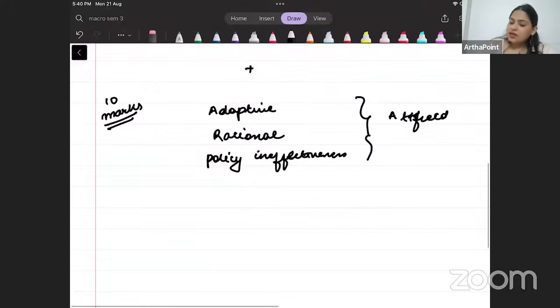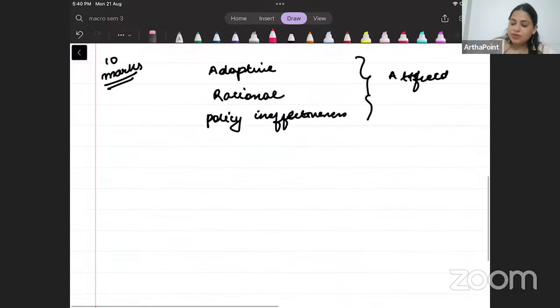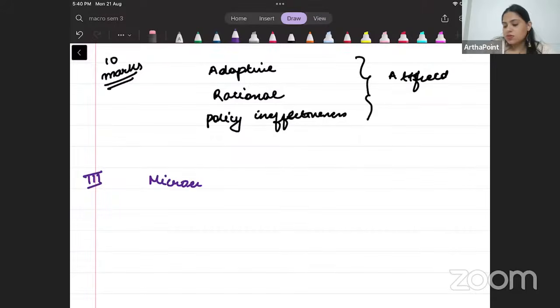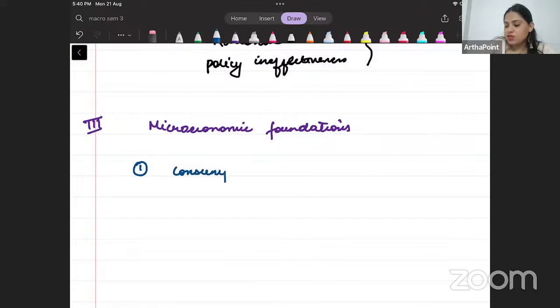Okay. Then we want to go ahead and cover the next unit, unit number 3. And this is going to be microeconomic foundations. So, beta, in microeconomic foundations, there are 2 foundations that you want to study. First is called the consumption foundations.